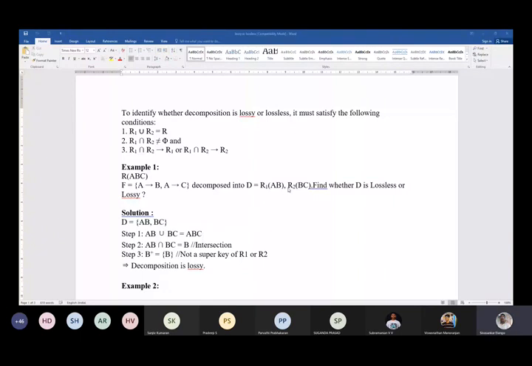And the last condition is that R1 intersection R2 logically determines R1, or R1 intersection R2 logically determines R2, right?